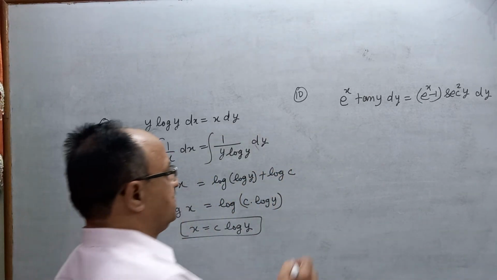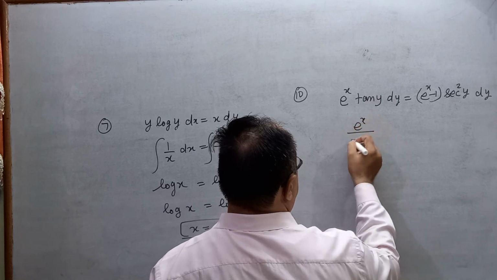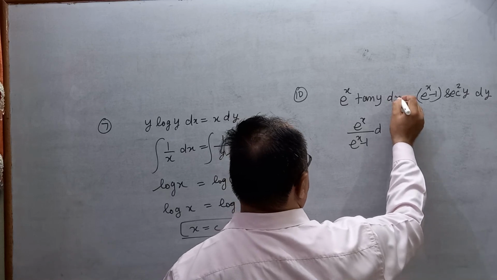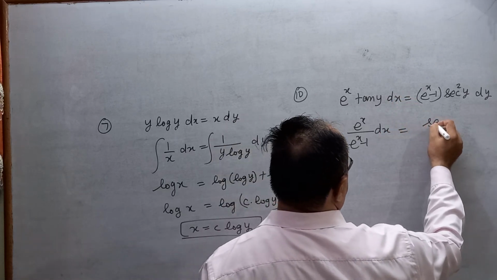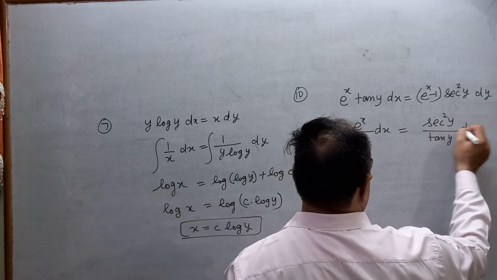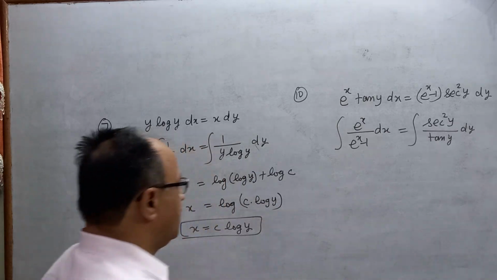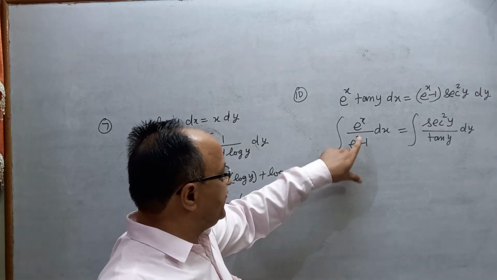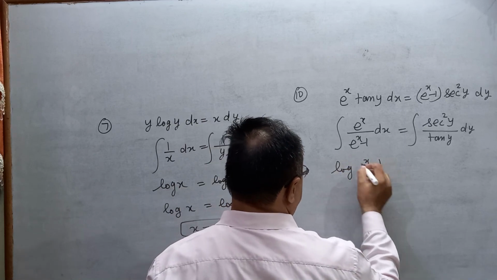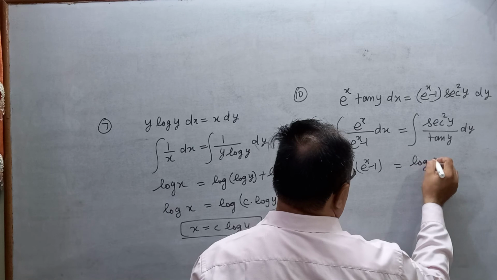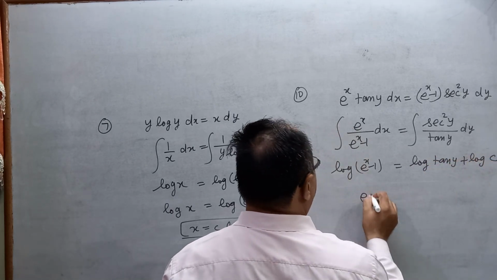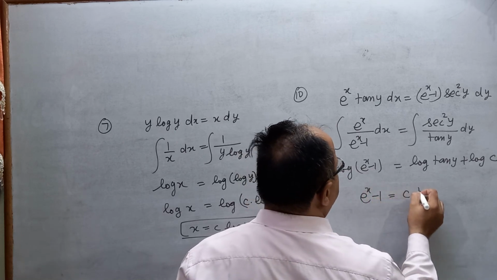Separate the variable: e to the power x upon (e to the power x minus 1) dx, and sec square y upon tan y dy. You know that the derivative of the denominator is present in the numerator. Therefore directly you can write log (e to the power x minus 1), here log tan y plus log c. On comparing, that is c tan y.